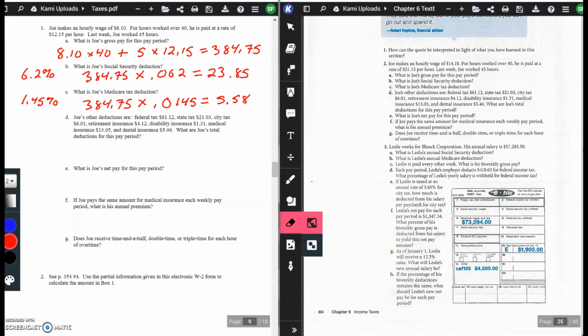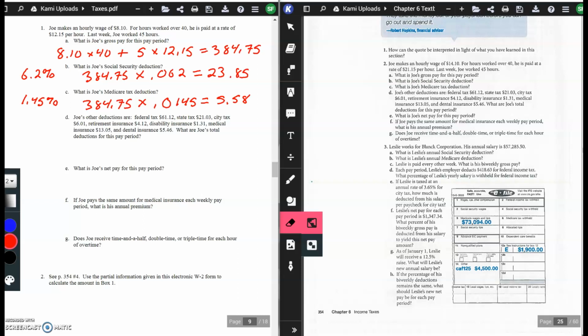Joe's other deductions are federal tax $61.12, state tax $21.03, city tax, retirement, insurance, disability, medical insurance, and dental insurance. What are Joe's total deductions for this pay period? So all you really do for this one is just add up all of these numbers. These are all deductions, so you add up all these. Federal tax plus state tax plus city tax plus retirement plus disability plus medical plus dental.